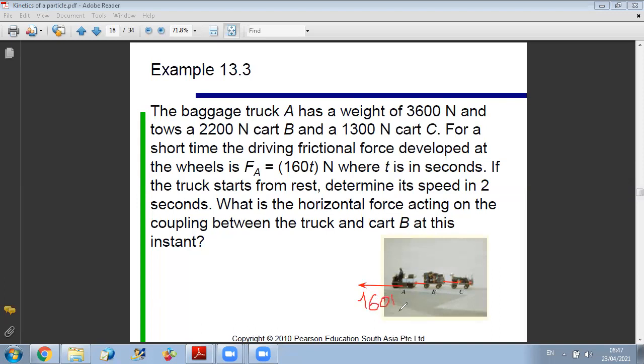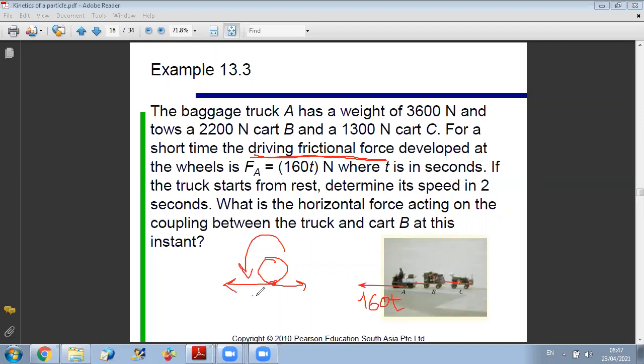When they say driving friction in the problem, this means that it is acting in the direction of motion of the car. And in general, friction is opposing motion. We usually do it this way, but you should pay attention: it's opposing motion of what? The friction is at the level of the wheel, not the body of the car. So if you have wheels that are rotating like this, they will try to push on the ground towards the right. So friction will be towards the left.